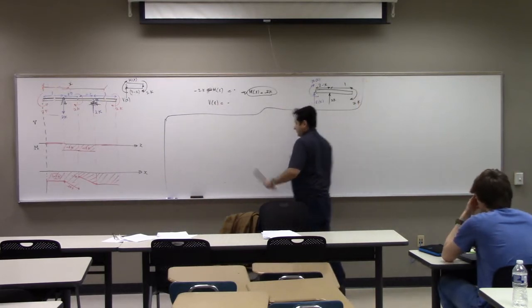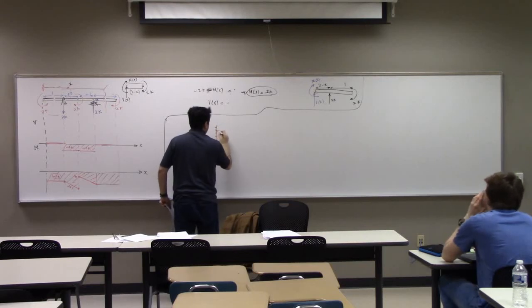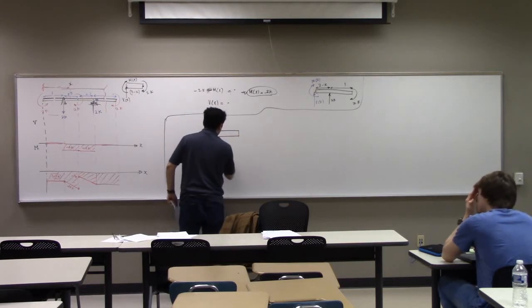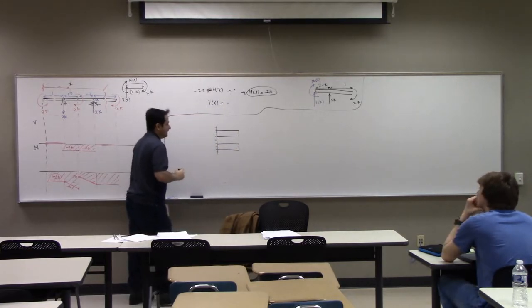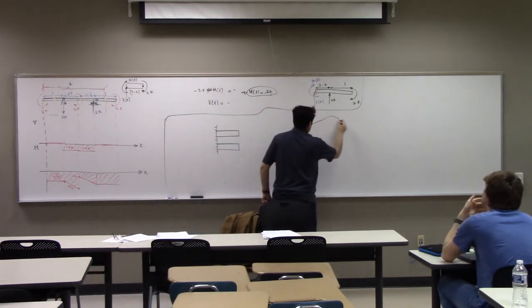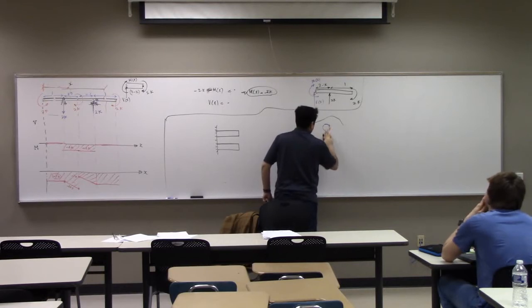Now we go to 2. What should I do? Another mistake students did was, let me show you. Let me draw a 3D version. So you have a ball like that, another ball.